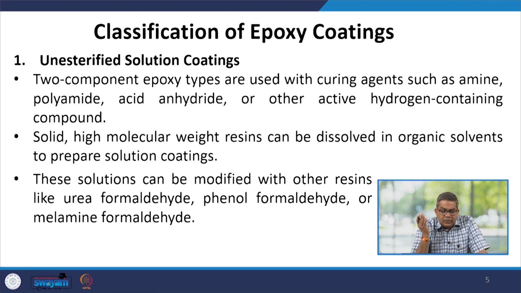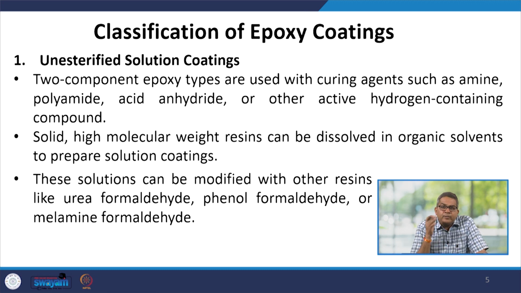Now, there is a broad spectrum of classification schemes of epoxy coating, because epoxies are very useful in coating applications. The first classification is unesterified solution coating. The two-component epoxy types are used with curing agents like amine, polyamide, acid anhydride, and other active hydrogen containing compounds.